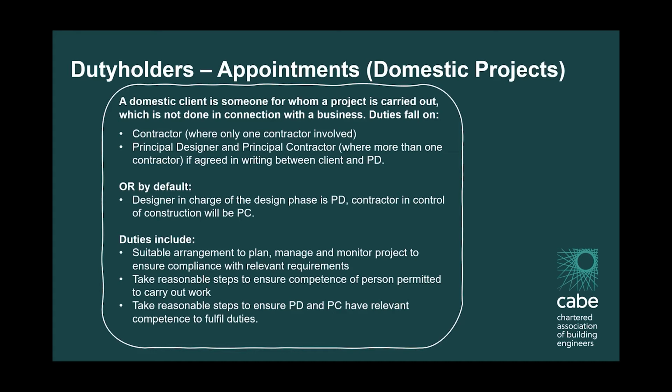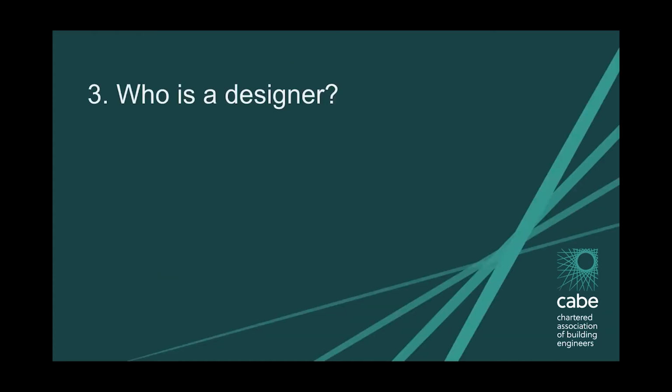There's a mixture there of a slightly lighter touch set of requirements for domestic clients to take some steps to ensure that their principal designers and contractors have relevant competence. But you do need to sort out, if you're involved in domestic level projects, you need to be very clear about who is responsible, and then you need to act accordingly.